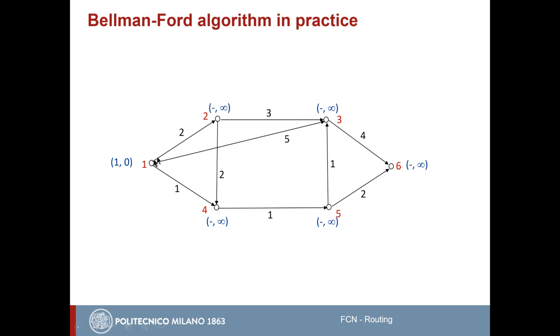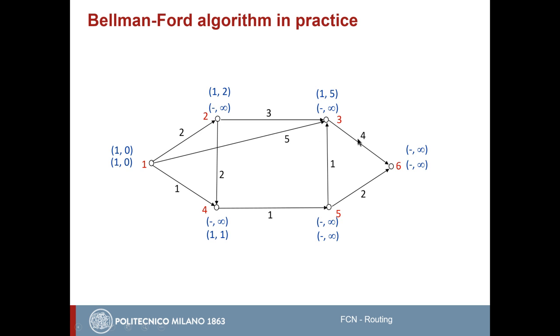Now node 2 has a single neighbor, which is 1. Node 4 has two neighbors, 1 and 2, but 2 has an infinite distance, while 1 is the only one with a finite distance. So when we update the labels, we have to update the labels of node 2 and node 4. The label of node 1 never updates because it is the source.